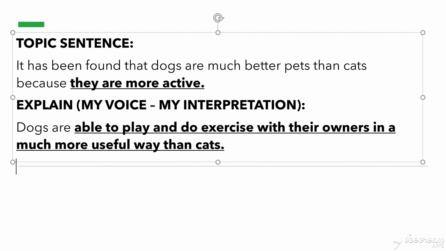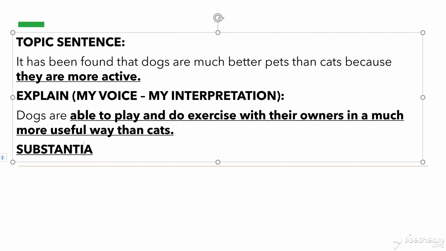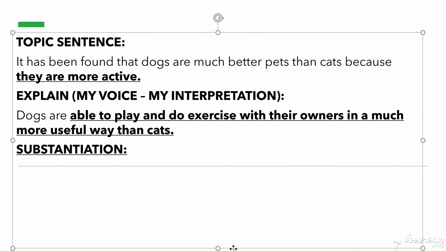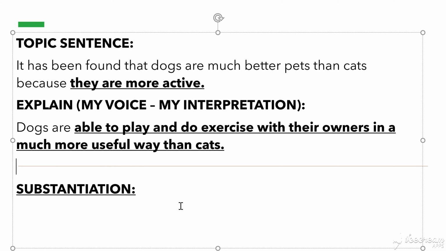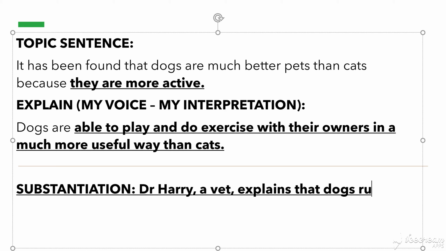Now this is when we get to the substantiation, and this is what we're going to focus on today. What we actually need to do from this point on is work with sources. So you might say, Dr. Harry, a vet, explains that dogs run 78% more than cats.